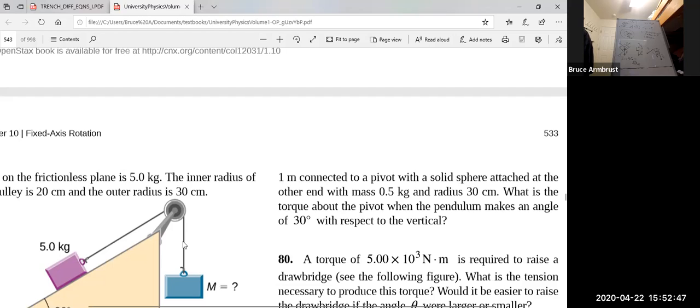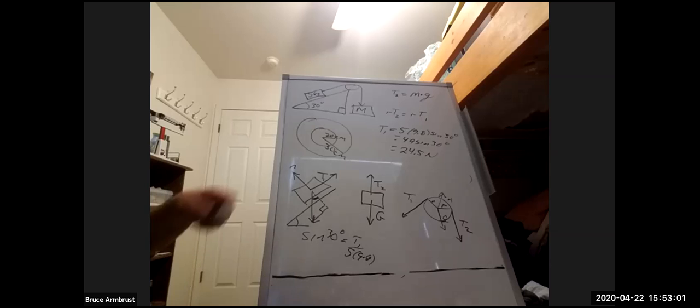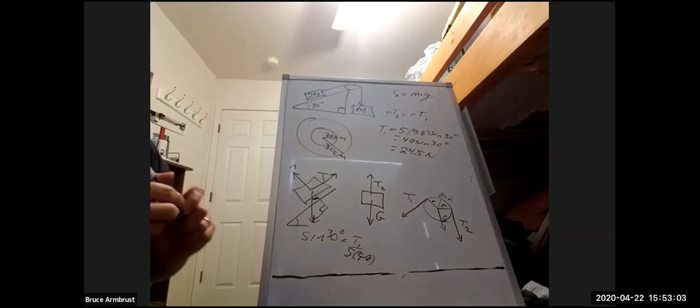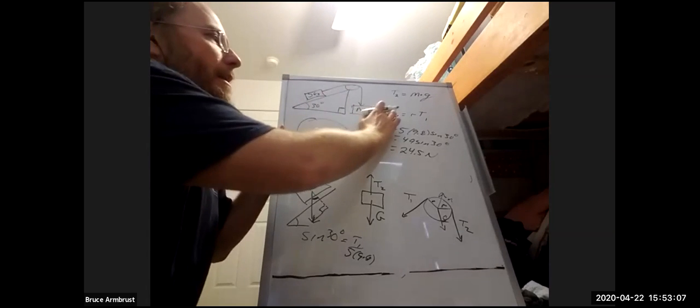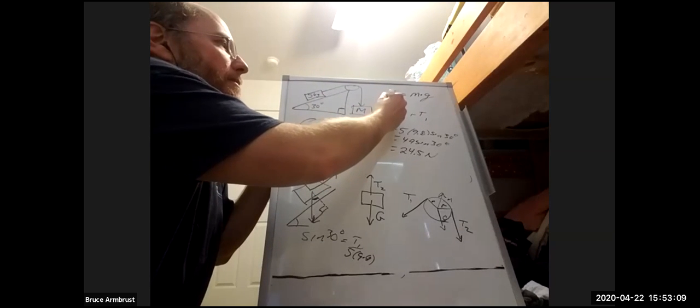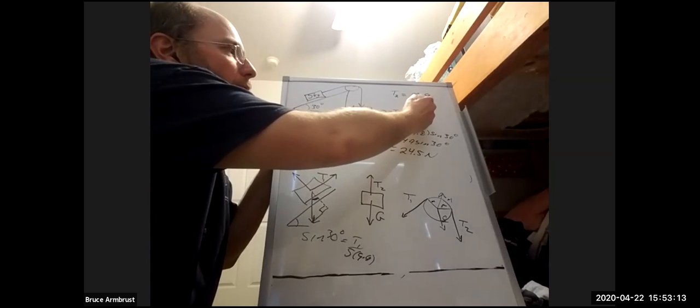But let's look at what happens to the equations if we do that, and then you'll see why it ends up giving what Ian found. Let me go back to where we had RT2 equals RT1. Now the outer radius is 0.3 and the inner radius was 0.2.